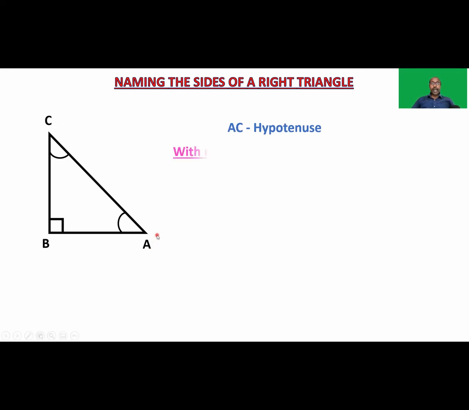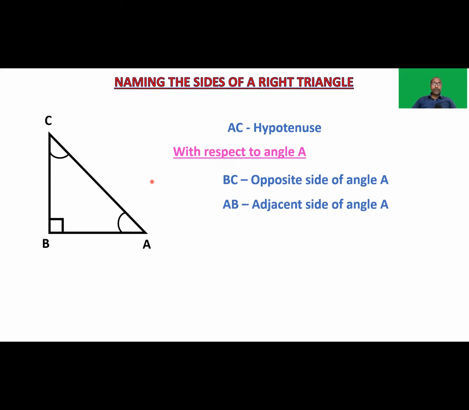With respect to angle A, we know that BC is opposite to A, so the side BC can be named as the opposite side of angle A. And also AB is the adjacent side of angle A, because here the side AB is adjacent to angle A.